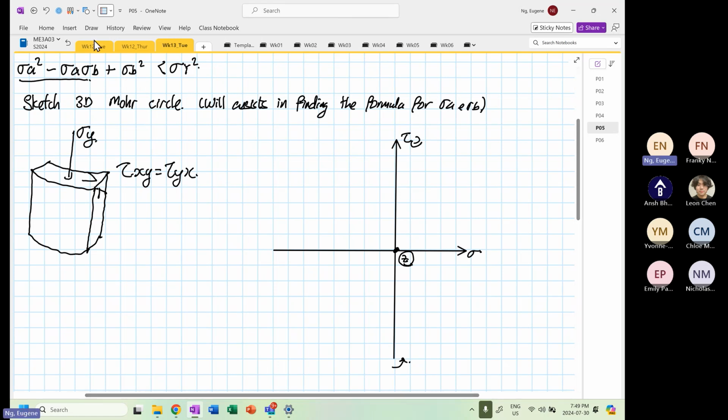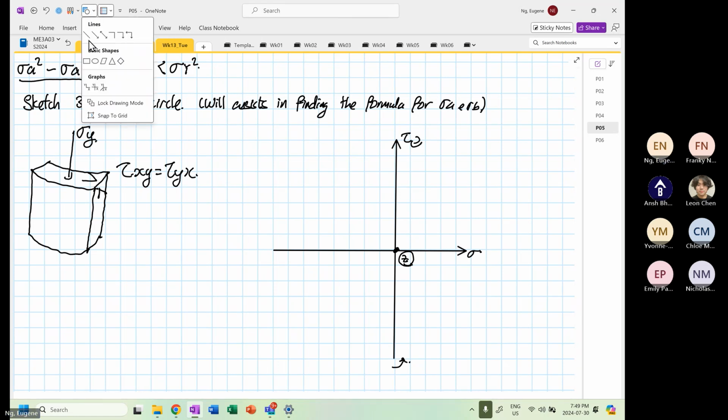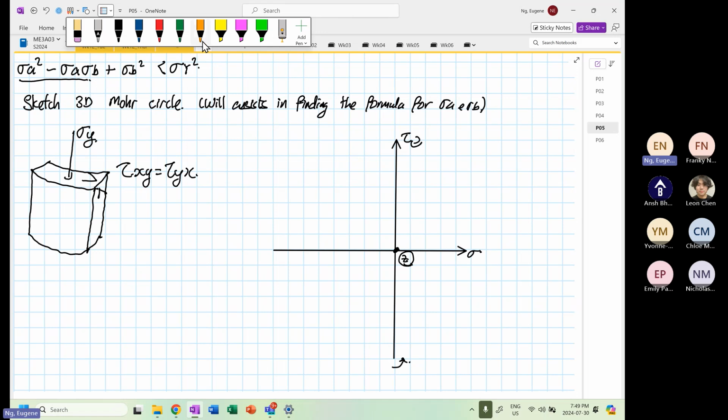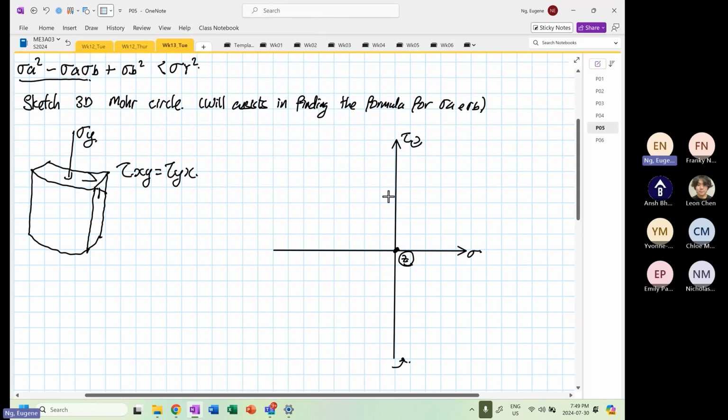Then we have a compression normal stress, and this compression is our stress X, stress Y. And this is our stress X and our stress Z line.